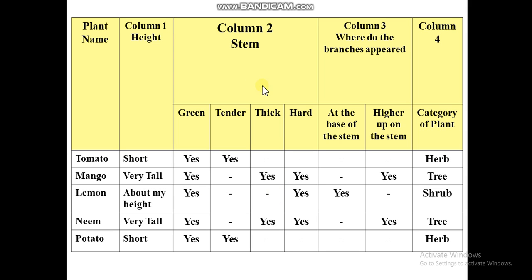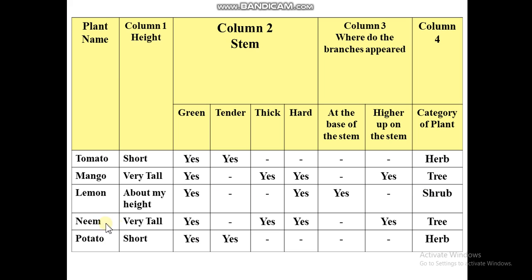The stem of the lemon is not as thick as the mango, but it is hard in nature. The branches can be seen at the base of the stem. Based on all these properties, you can categorize the lemon plant as a shrub.